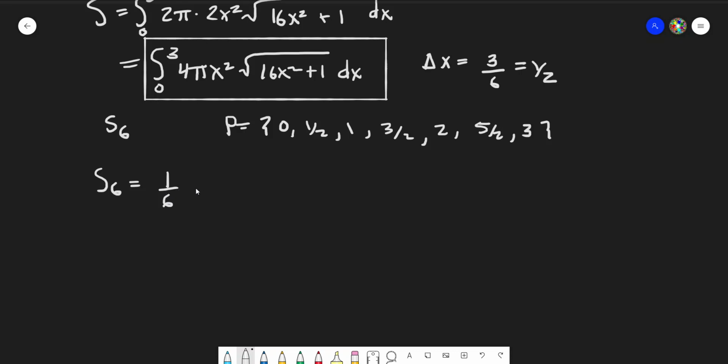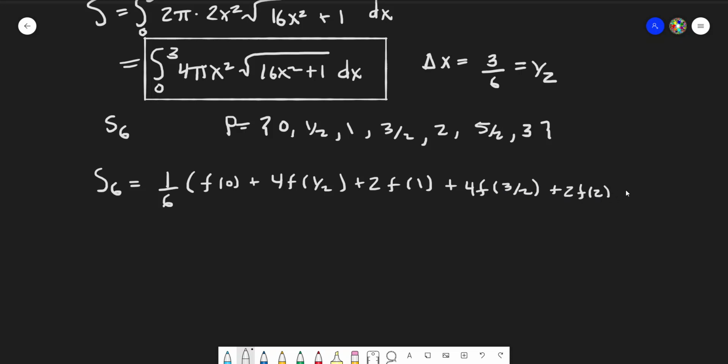But in either case, let's not think of that for now, because we still need to do f of 0 plus 4 times f of 1 half plus 2 times f of 1 plus 4 times f of 3 halves plus 2 times f of 2, and then finally plus 4 times f of 5 halves, and then plus f of 3.